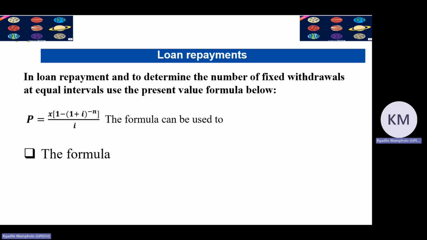It's like you invest it there, then you take a certain amount every month. But remember that money, because you invested it, will gain interest. And when you want to calculate the time you can survive with the money that you are withdrawing from that invested amount, then you use the present value formula. Then you'll see in the next slides.